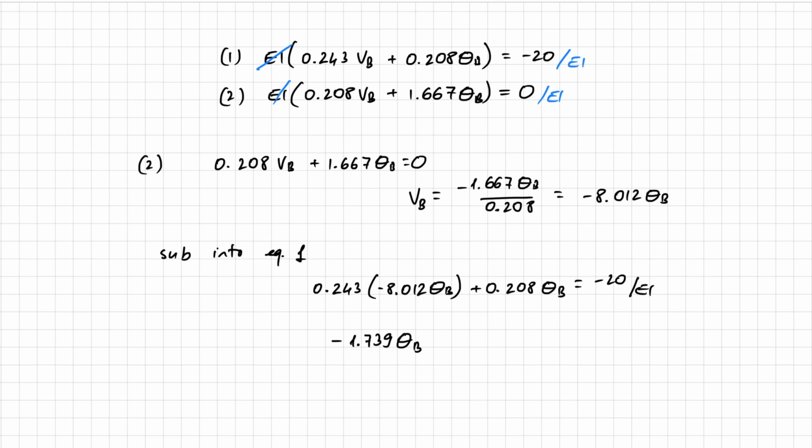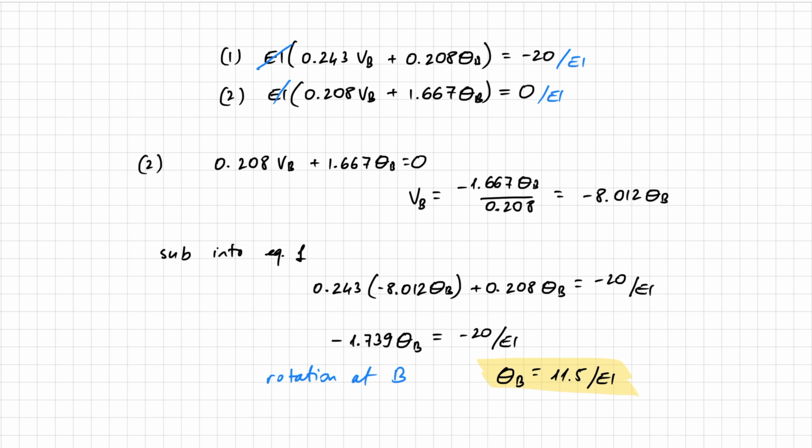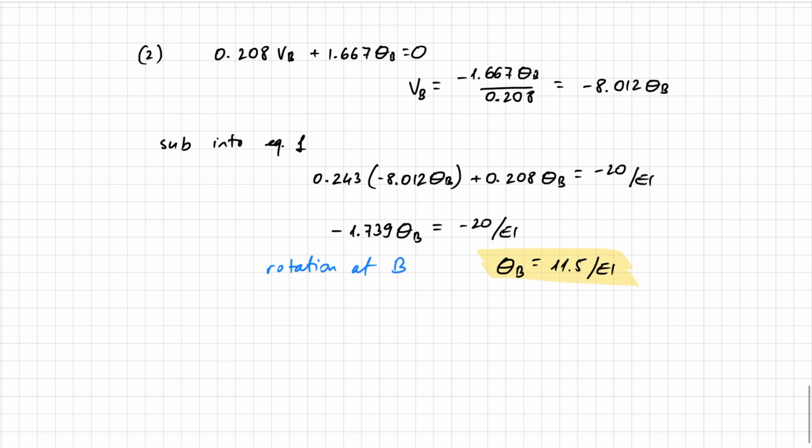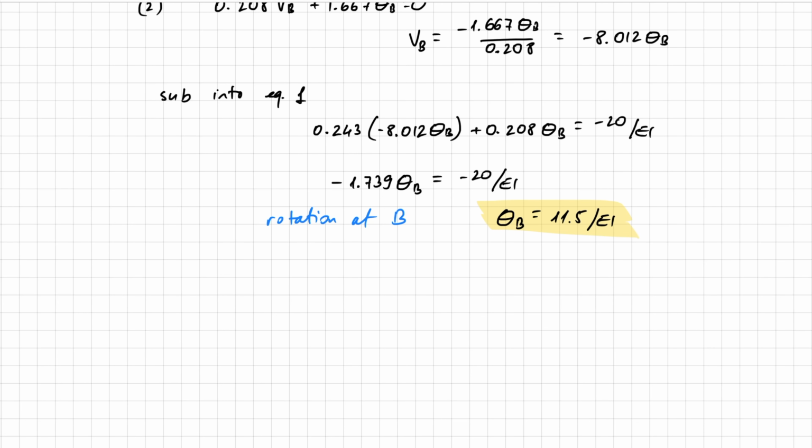And that gives me minus 1.739 theta B equals minus 20 over EI, and so theta B, which is the rotation at B that I'm looking for, equals 11.5 divided by EI. And that is the rotation, one of the things I was asked to find. And the second thing I need to do is just substitute that back into VB.